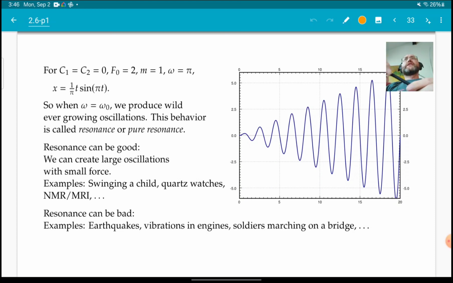So you don't get so-called pure resonance, you get practical resonance. If the friction is sufficiently low, then you will get something that looks almost like resonance. Or the resonance might completely disappear if the friction is high enough. All right, so we'll look at that next time. All right, so see you then.